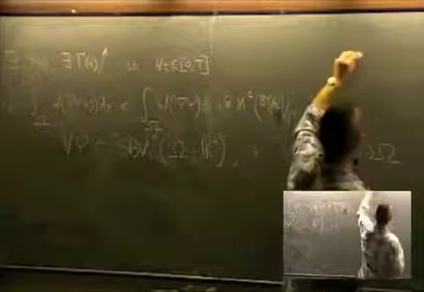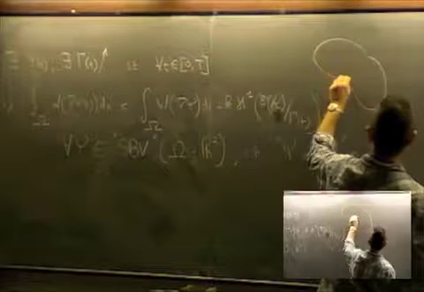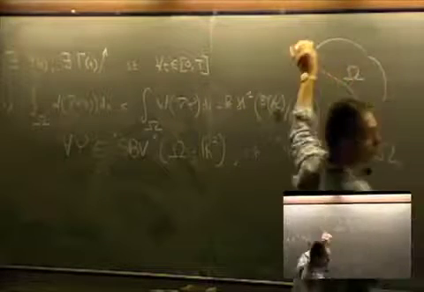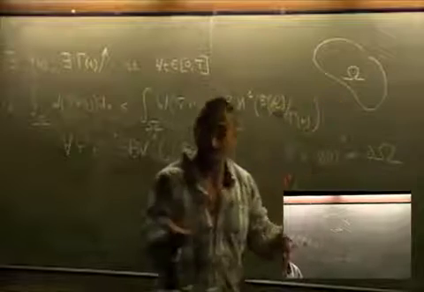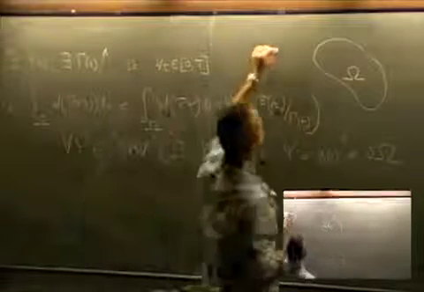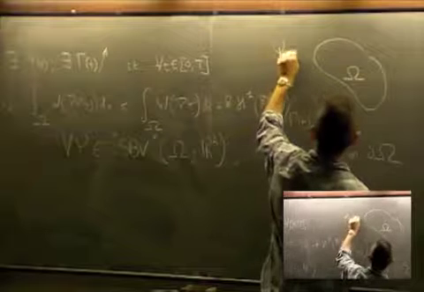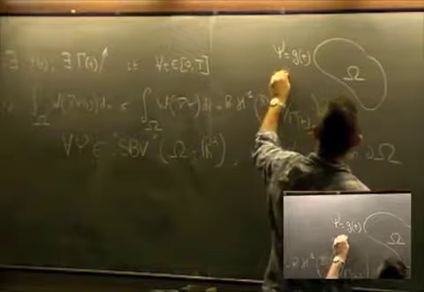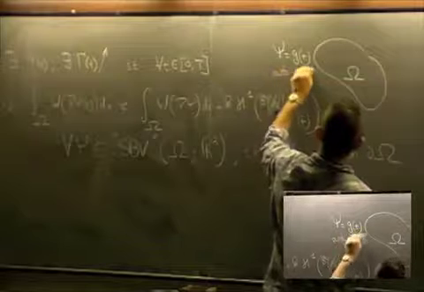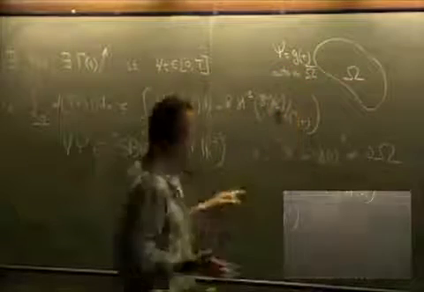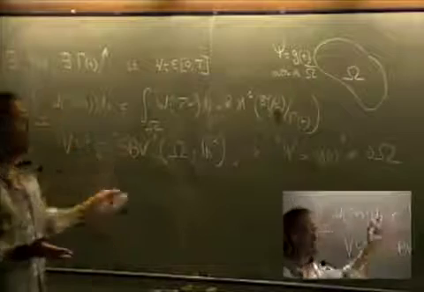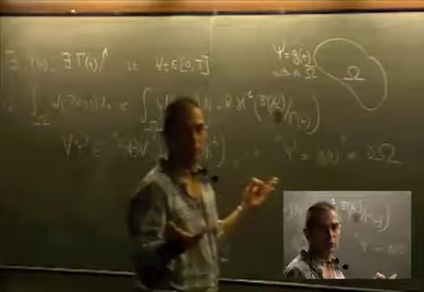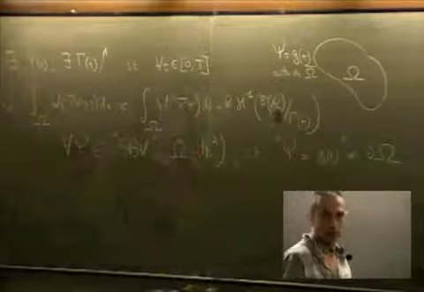You have your domain omega, you take its closure so that the boundary is included. Outside you put psi equal g of t. That way, since psi can jump, if it wants to jump on the boundary, it will jump on the boundary.